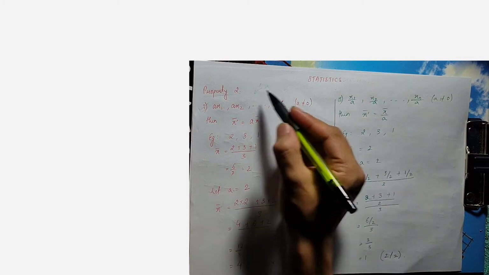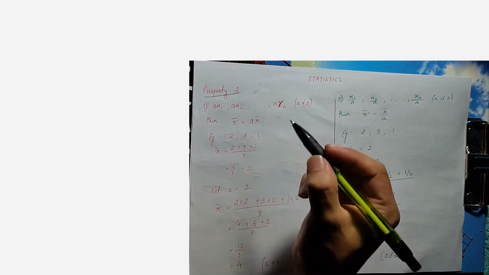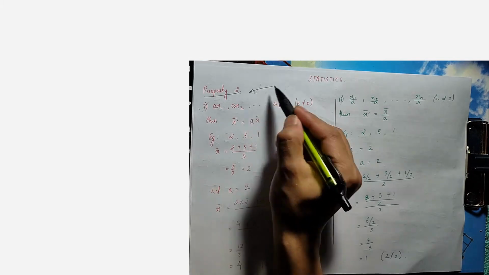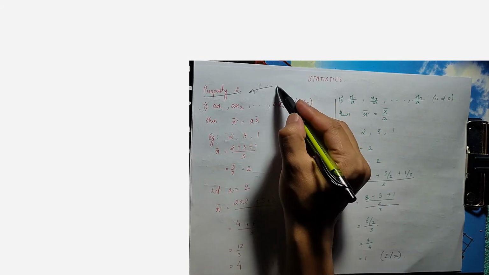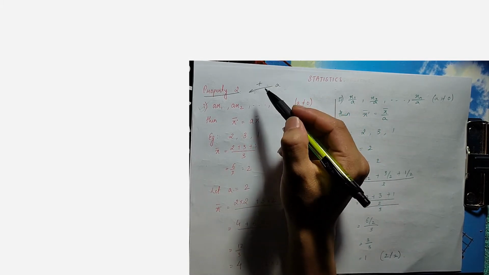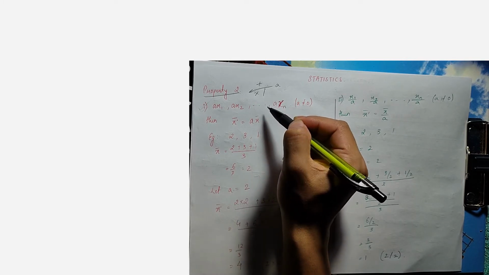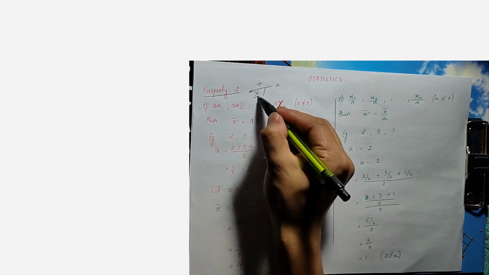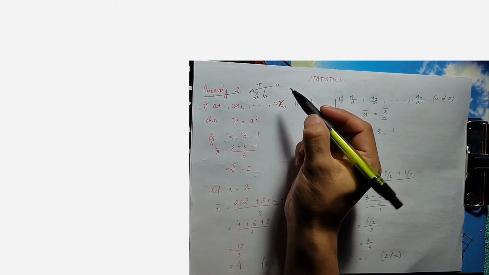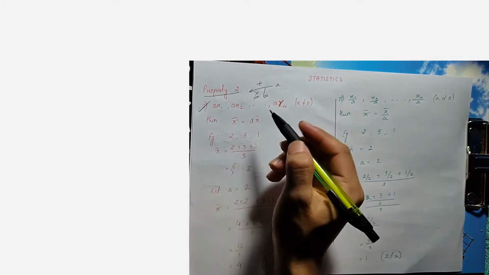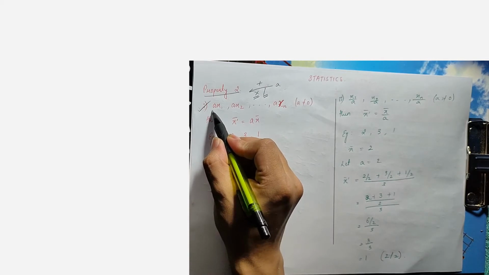Let us now discuss the second property. Remember, the second property is very similar to the first property. In the first property we added a, in the second property we will either multiply or divide by a. So we can break property number 2 into 2 sub properties. The first one is multiplication with a.